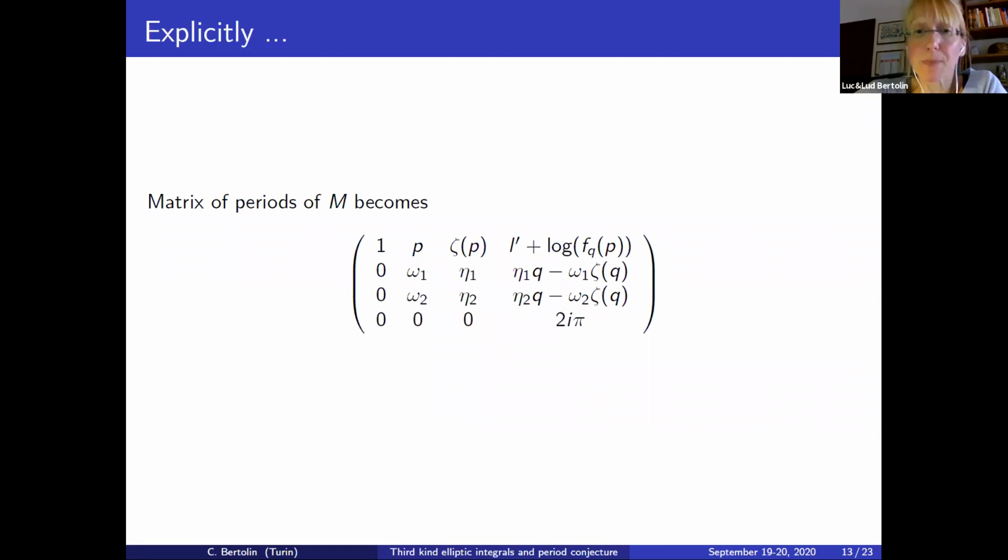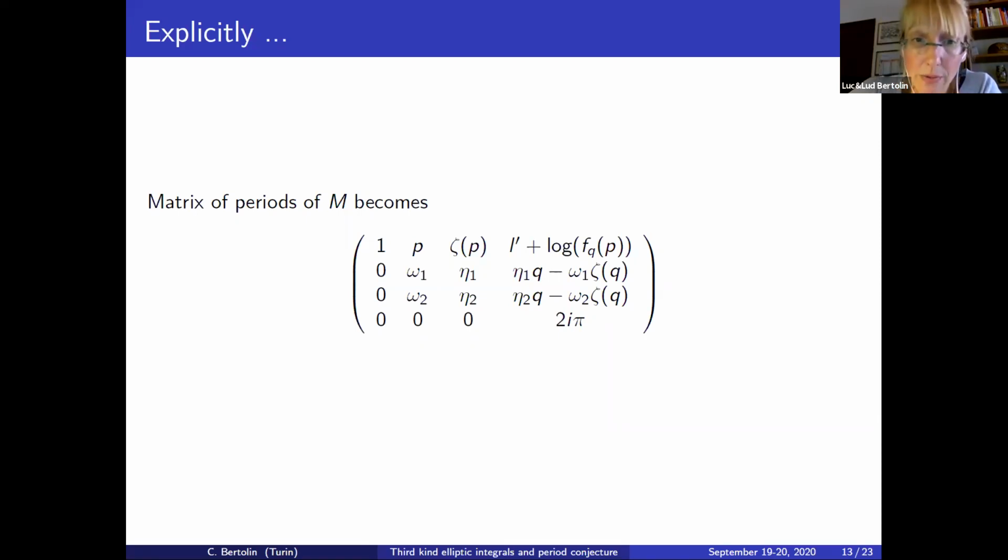Now, explicitly, if we compute all the other integrals, in fact, they are written in the literature, so they are not new. So the periods of M are 1, P, theta P, L prime plus log FQ P, omega 1, eta 1, omega 2, eta 2, which are very famous periods, eta 1 Q minus omega 1 CQ, eta 2 Q minus omega 2 CQ, and 2 pi i. 2 pi i are the periods of G_m.